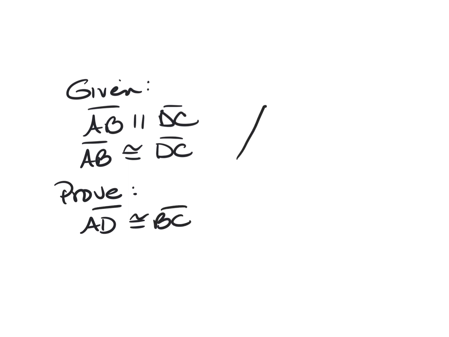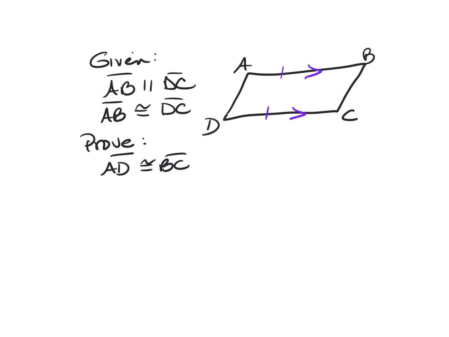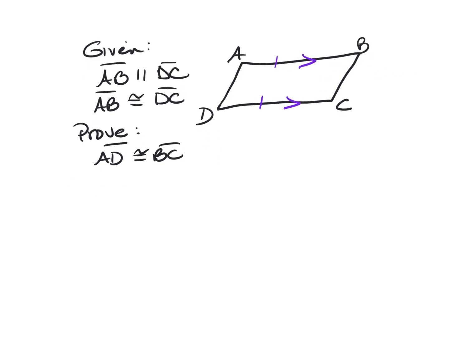And I'm going to give you a visual. It may not have the markings on there. You may have to add them yourself. So I'm going to go ahead and add in what they gave me, that AB was parallel to DC and it was also congruent. So let's set up your statements and reasons.